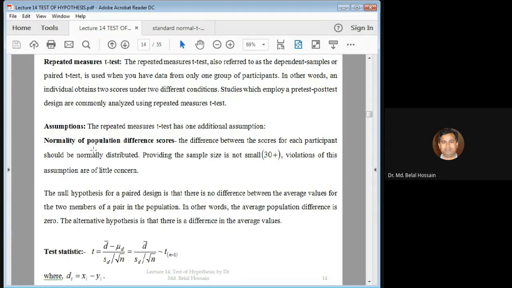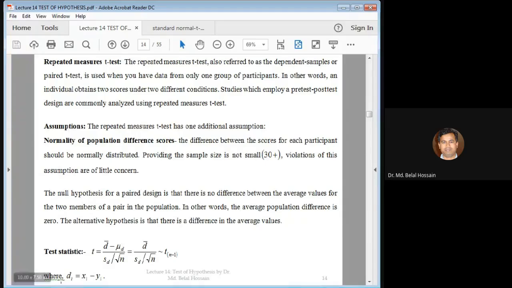That is, the normality of population difference scores. That is, the difference between the scores for each participant should be normally distributed, providing the sample size is not small, that is 30 plus. Violations of these assumptions are of little concern.